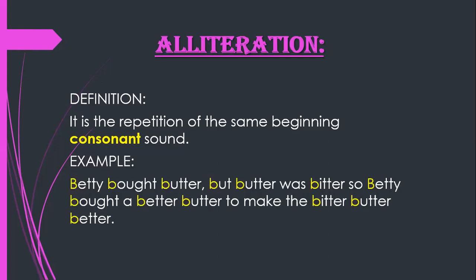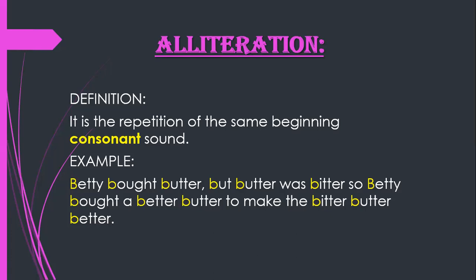For instance, Betty bought butter, but the butter was bitter, so Betty bought a better butter to make the bitter butter better. B, b, b. You can see this is the repetition of a consonant sound, and throughout we have used the consonant sound b, which is used at the beginning of the word.